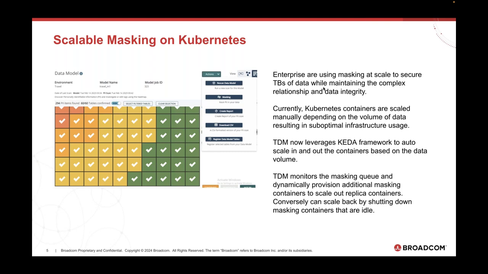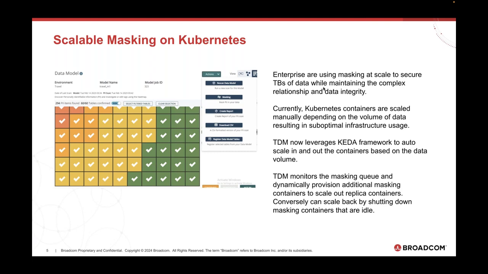With 4.11, we have the ability to deploy masking jobs on a Kubernetes infrastructure. Depending upon the volume of the data, the infrastructure can scale in and scale out in terms of the masking jobs. We leverage something called the KEDA framework, which allows you to auto scale in and out.